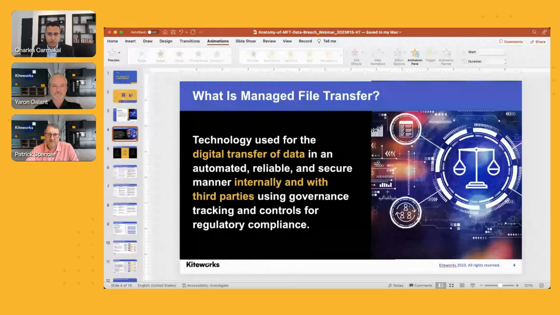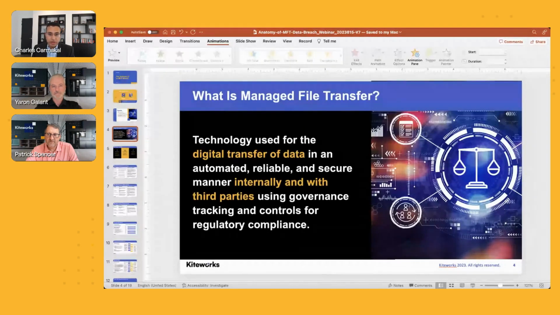What we're dealing with here with all these MFT exploitations and vulnerabilities is, in a way, you could consider it a supply chain attack where a vendor or service provider runs the technology platform and a number of different customers are impacted downstream.